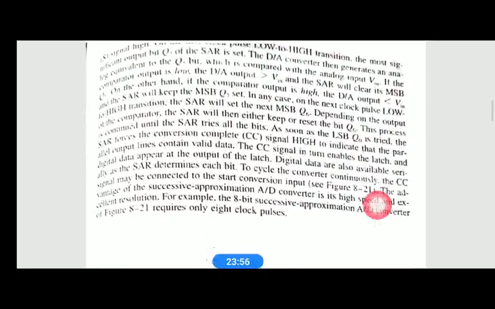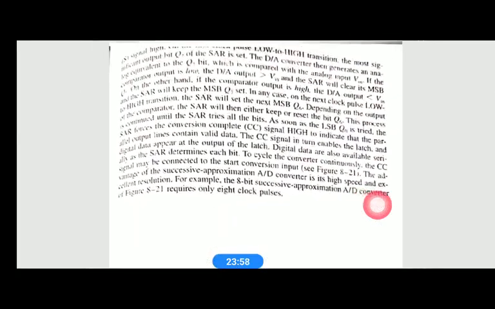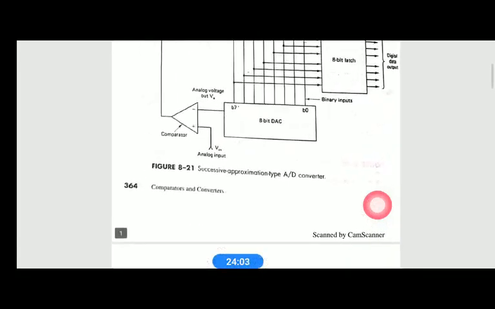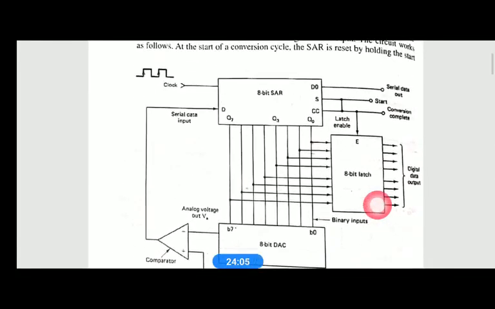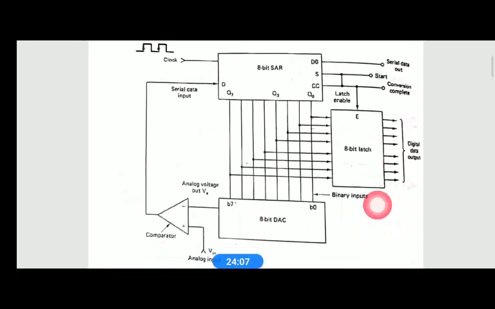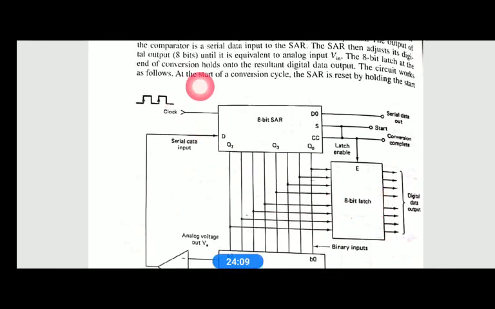So therefore we can say that the SAR quickly converts our given analog signal into digital, requiring only 8 clock pulses. Every time the SAR changes its output digital code when the clock pulse goes from low to high, that means every clock you get one digital value at the SAR.